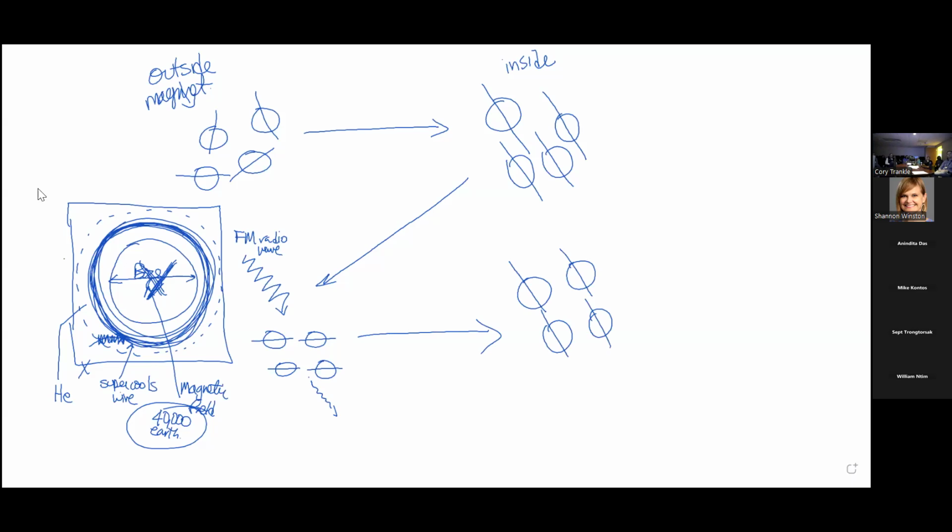And when they do that, they release energy. And that energy is picked up by an antenna.